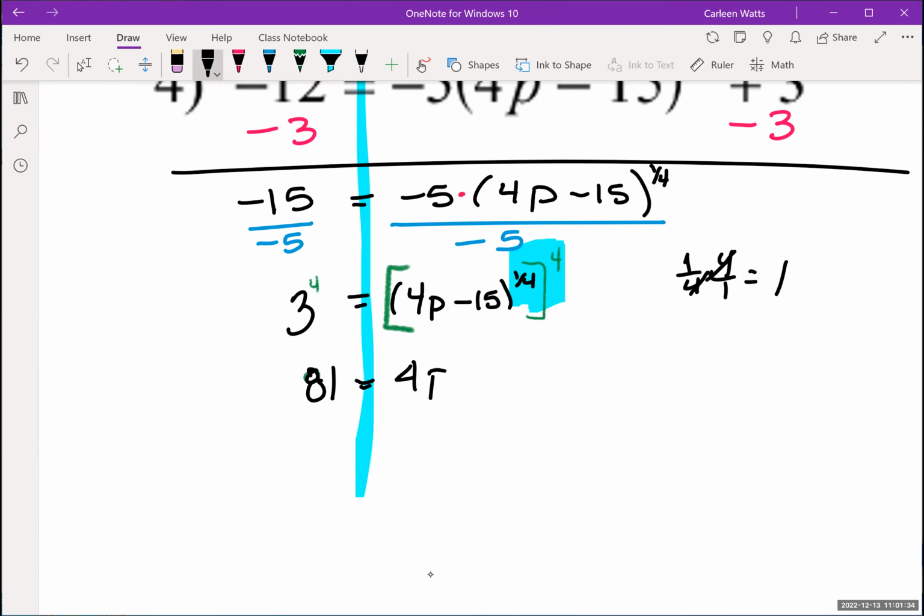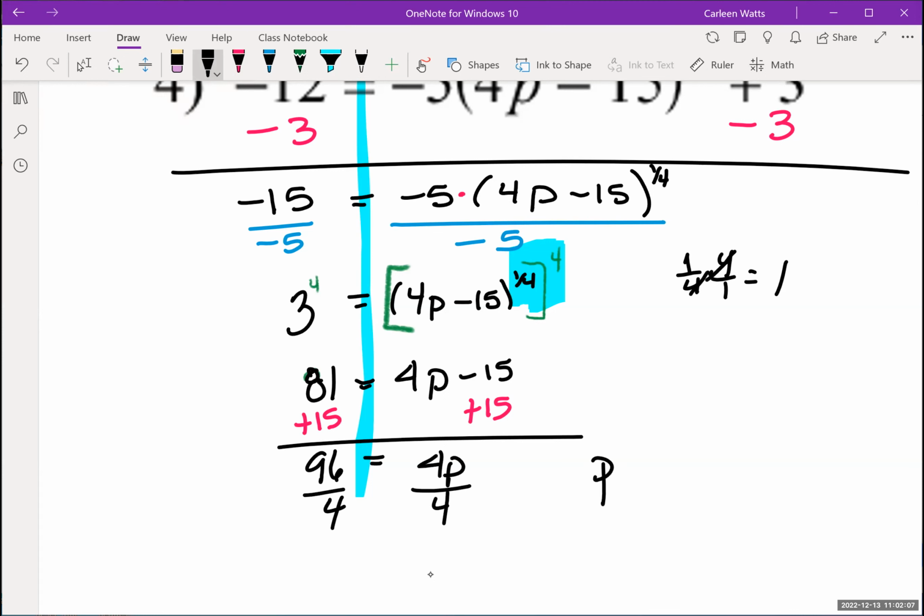So the 4p minus 15 to the first disappears. Okay, now what? Add 15. Thank you. 4p is equal to 96. Last step, divide by 4. P is equal to 24.